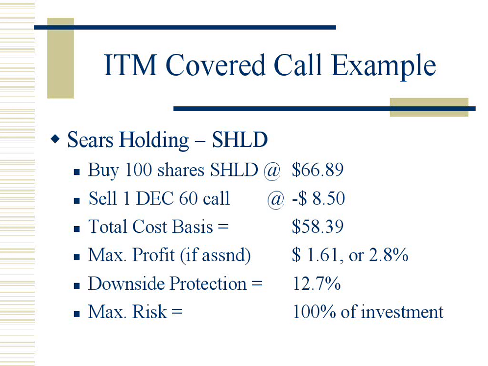My maximum profit if assigned: if the stock stays anywhere above $60 by December expiration, and my choice is to let it get assigned, we'll make $1.61 in profit. That's the time value. Remember, we're giving up roughly $6.90 of intrinsic value, so the $1.60 or $1.61 of time value is our profit, which translates into about 2.8%. Now, the downside protection here is 12.7%.